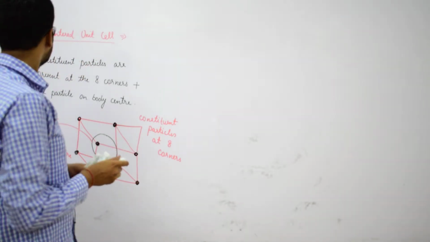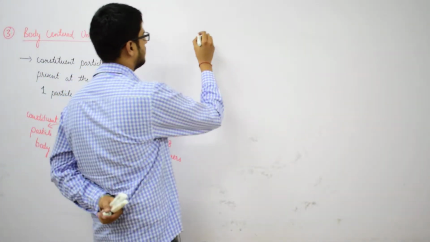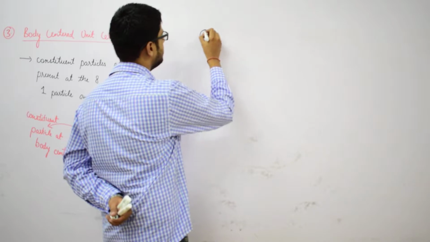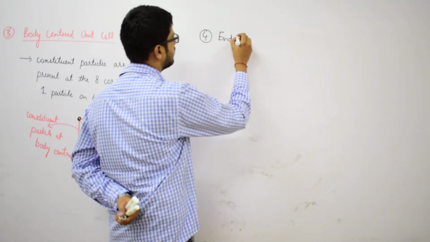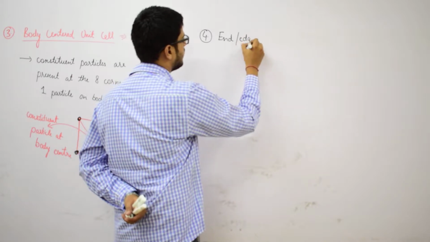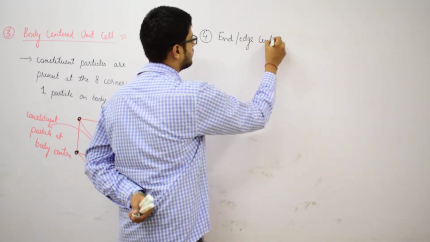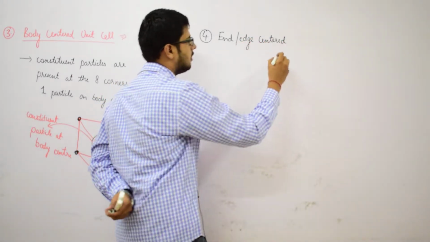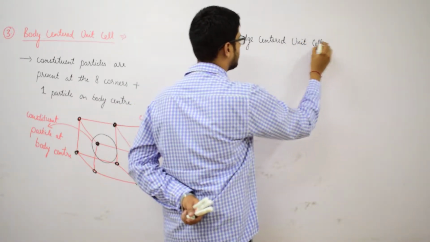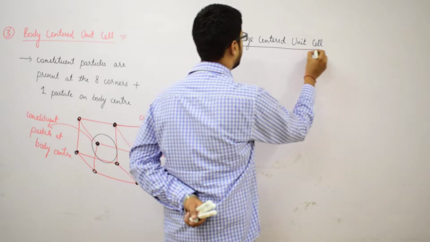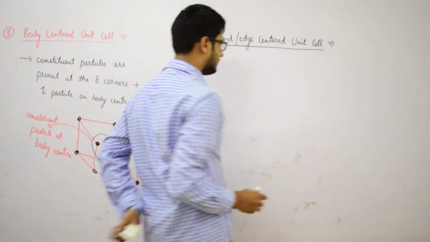And the last one is the fourth type of unit cell, that is called end centered or edge centered unit cell.